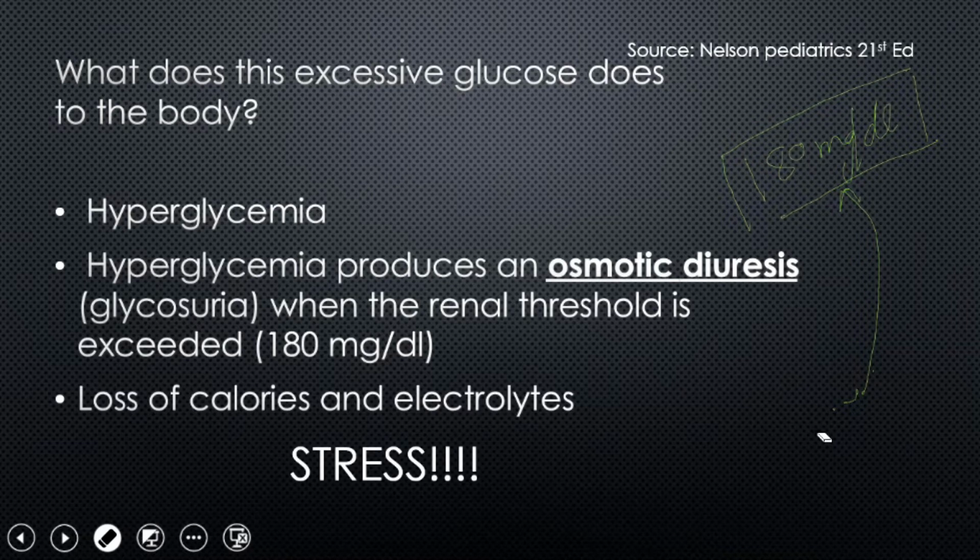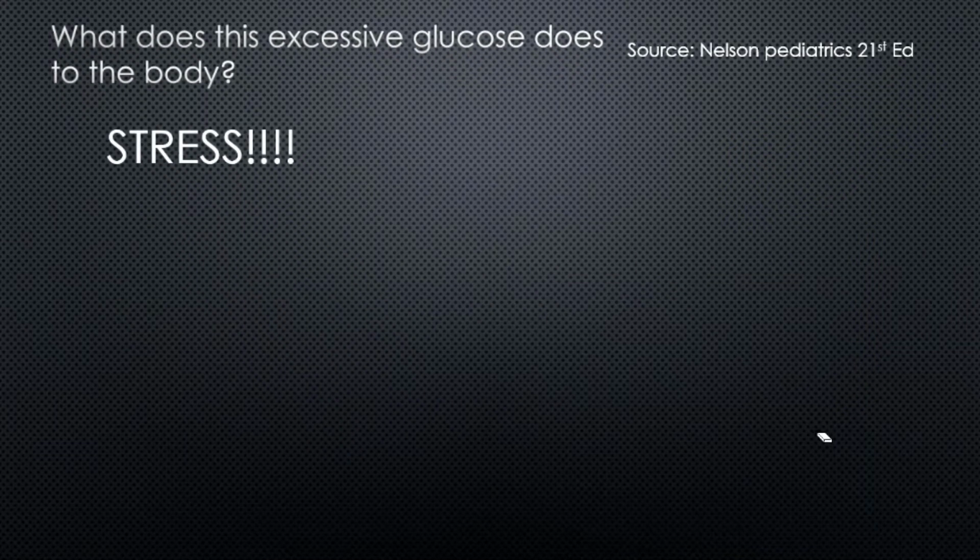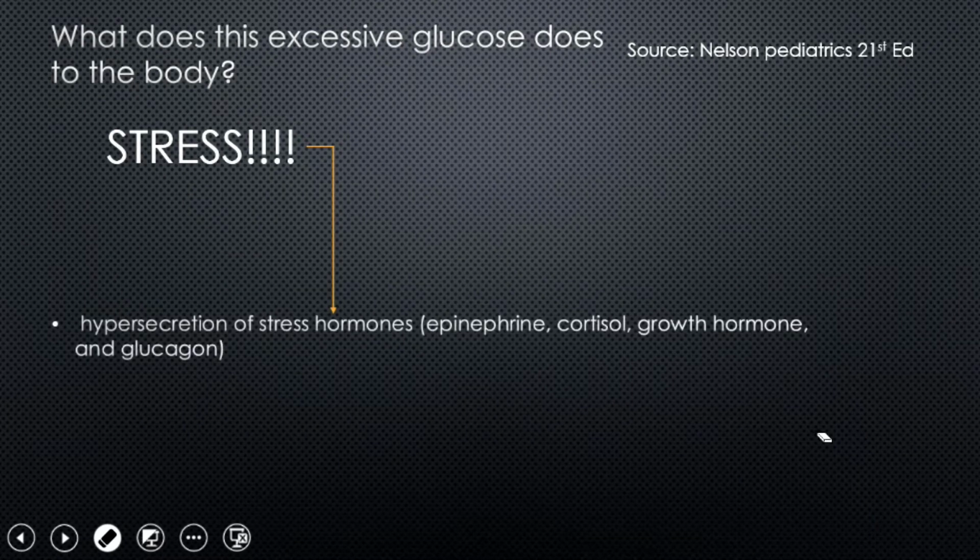This stress causes hypersecretion of stress hormones. They are epinephrine, cortisol, growth hormone, and glucagon. And we have already seen that these stress hormones lead to more hyperglycemia. These stress hormones cause an increase in glucose via 4 pathways.